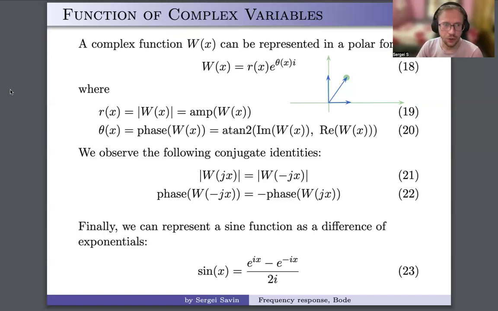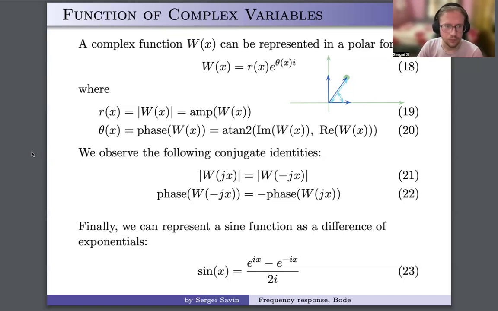Or you can alternatively just say how big this vector is and what the orientation of this vector is. That will be sufficient, equivalent to the first. Those two representations are the same thing, right? So the polar representation is the second type, where you ask how big the number is and what its orientation is.